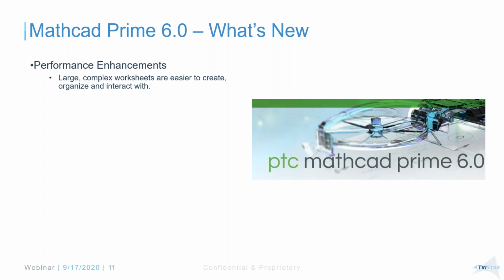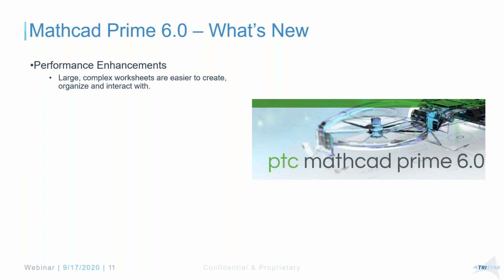There's some performance enhancements. This is just one of the bullets of what's new in Prime 6. Computers are getting better, hardware is getting better. We're able to take advantage of all of the resources that the hardware provides. Previously, we weren't able to use 64-bit versions. Now we are.